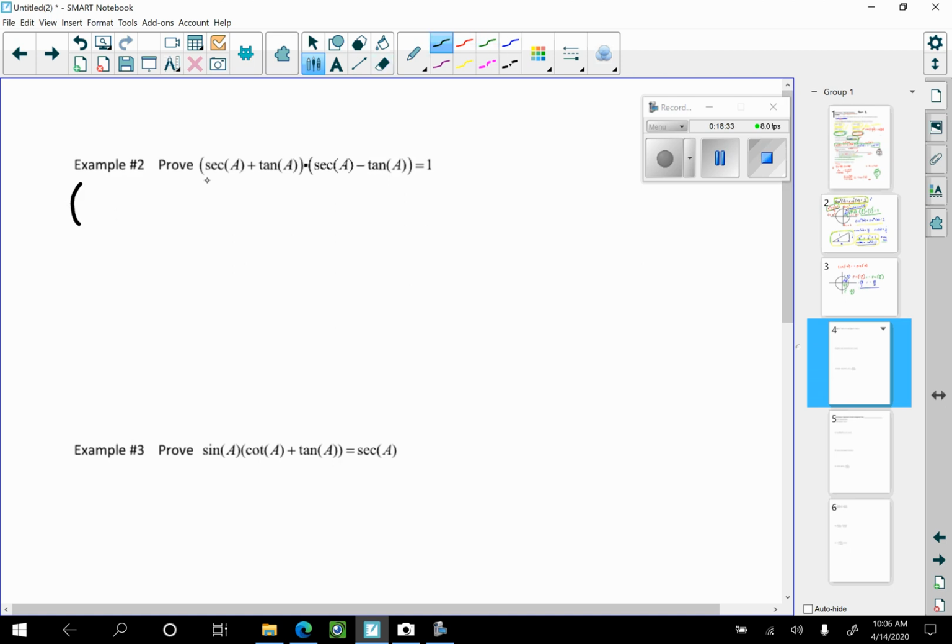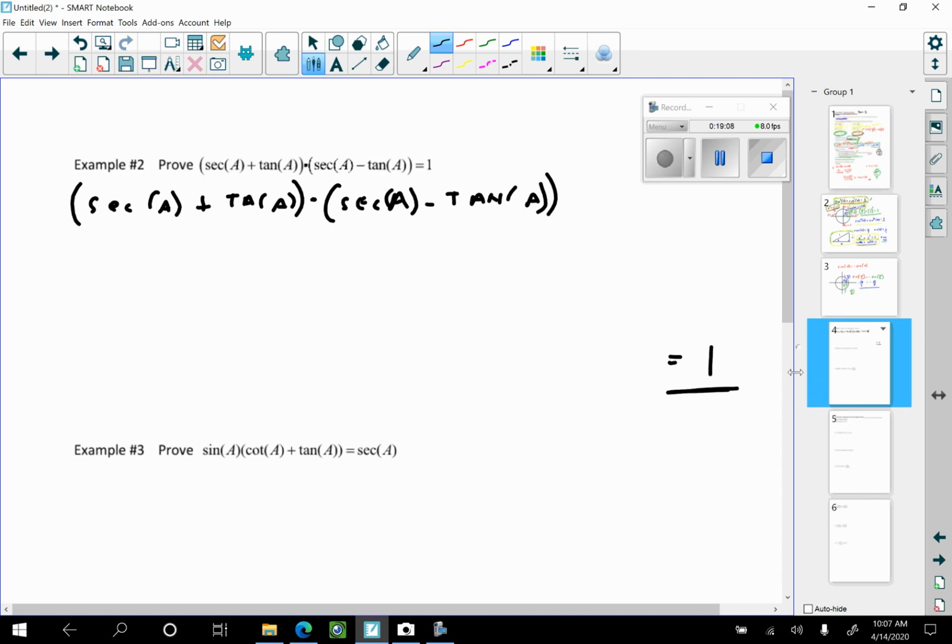I know in parentheses, secant of A plus the tangent of A, close parentheses, times the secant of A minus tangent of A. I want to prove that that's 1. So at the very end of this, I'm going to go equal 1. Don't put an equal 1 on it now. This is the right side. So we're going to start with the right side and end up with the left side down here.